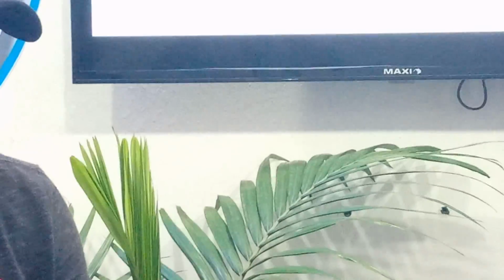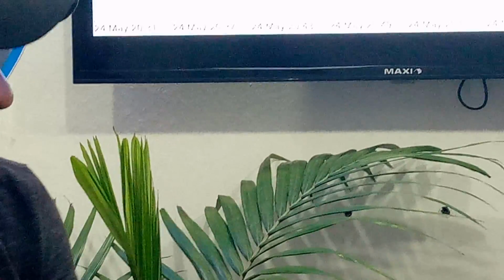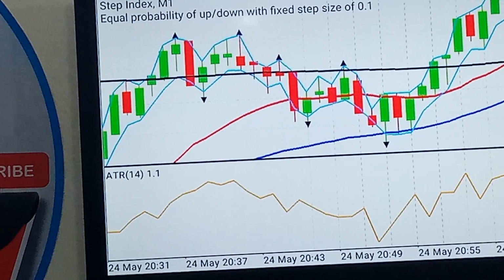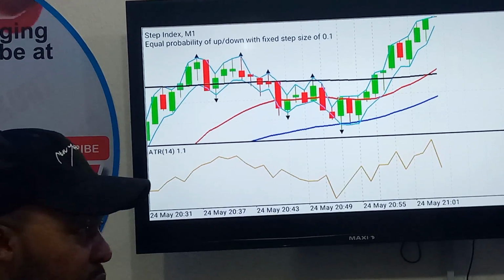You are trading 2 currency pairs. In this case we are having the step index here, and it's not directly a mixed currency pair like Euro USD.